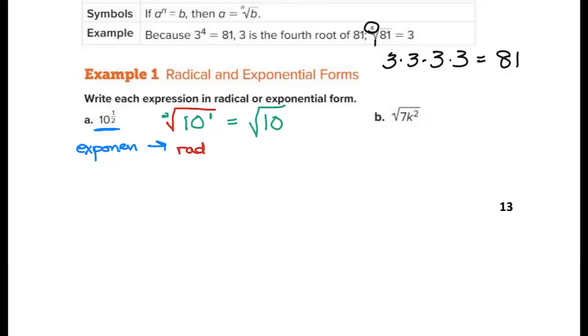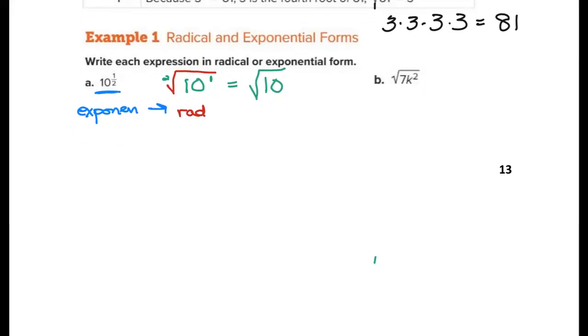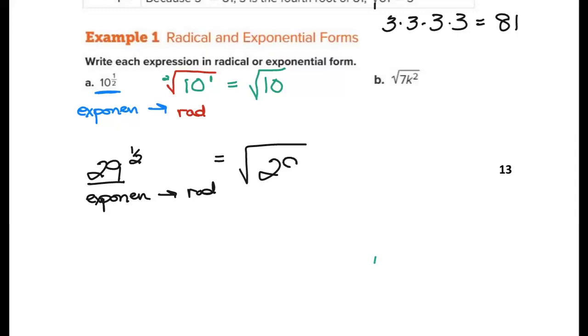Let's do another one, just similar to that. So what if I had 29 to the 1/2 power? That's in exponential form, and I'm telling you, let's put it in radical form. Take your base, 29, put it under the radical sign.